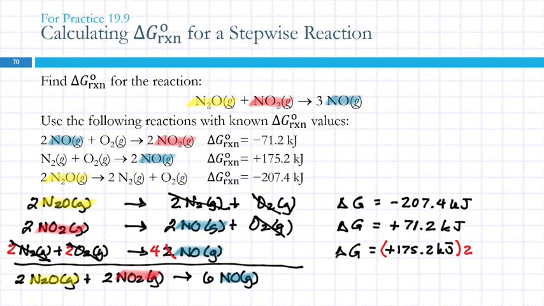Okay. I took these 3 chemical equations, I crossed off the things that appeared exactly the same on both sides, and I added them together. I'm also going to add the delta G's together to find out what delta G is for this reaction.